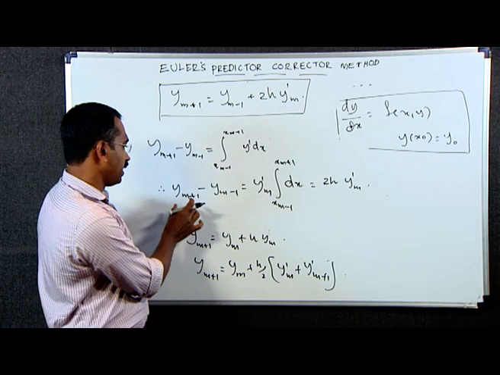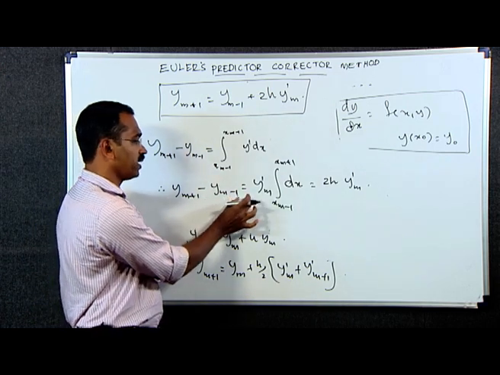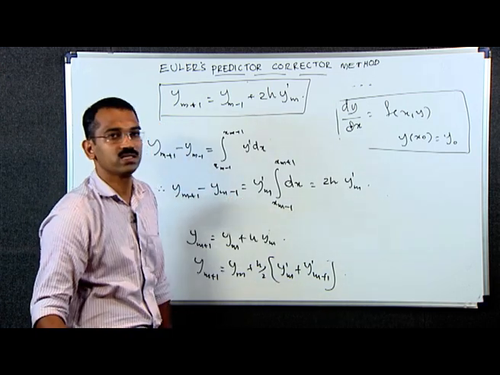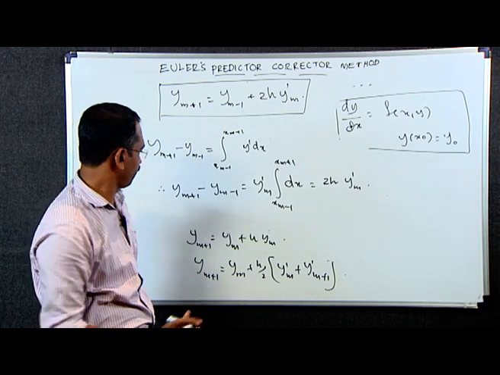That is, y m plus 1 minus y m minus 1 is equal to 2h into y dash m.